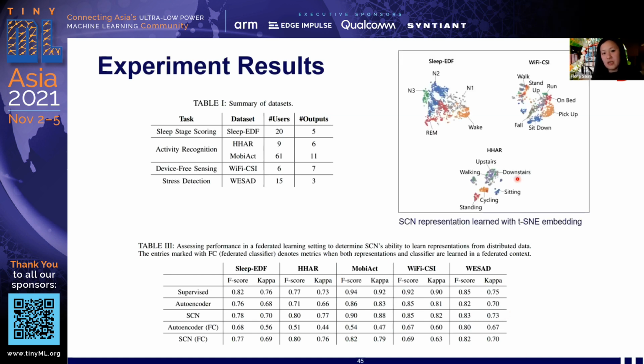What's more interesting is when we try to learn the SCN representation, the representation learned with the Scalogram contrastive network, with TSNE embedding, you could see really nice clusters of these different sensor data. Again, we don't use the label. This is completely self-supervised, and you could see clusters form really nicely with this network.